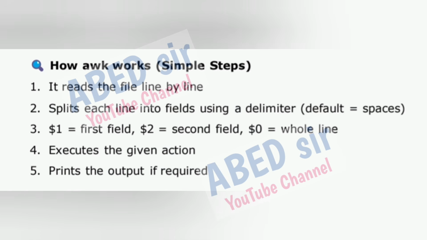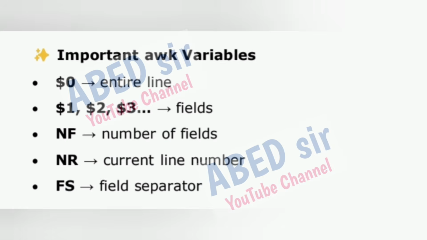Executes the given action. 5. Prints the output if required. Important AWK variables: $0 is the entire line. $1, $2, $3 are fields. NF is the number of fields. NR is the current line number. FS is the field separator.